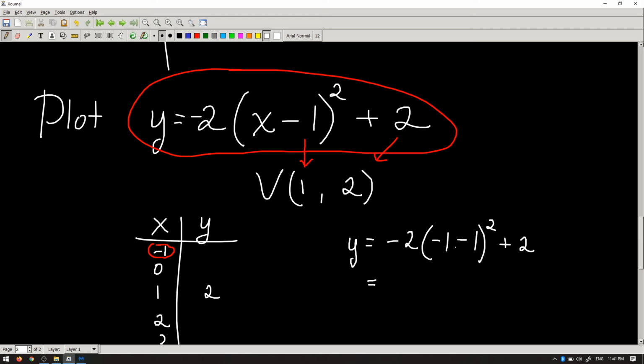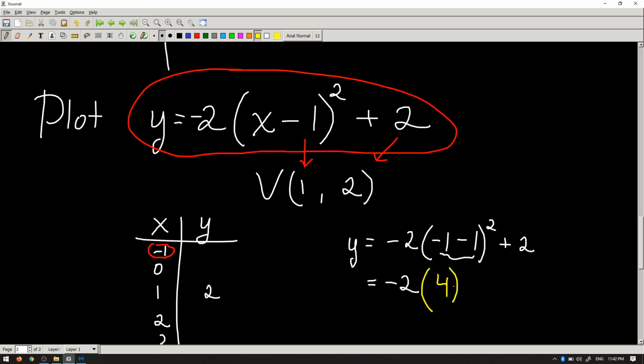Now, what is negative 1 minus 1? Because we have to do BEDMAS now. So negative 1 minus 1 is negative 2. And when you square that, that becomes 4. So this whole thing in the bracket with the square becomes 4.